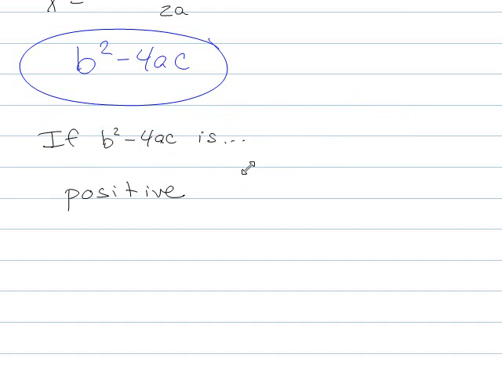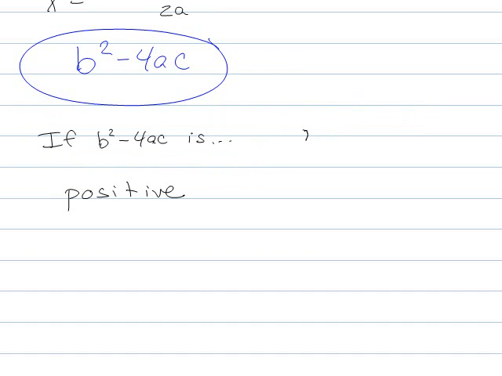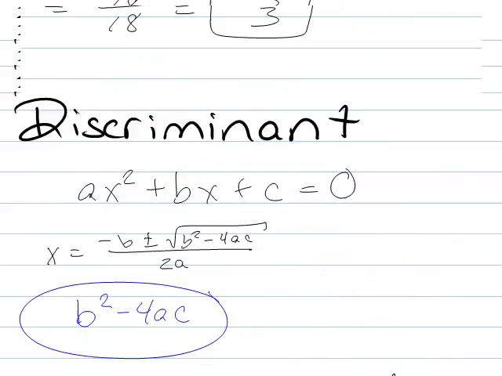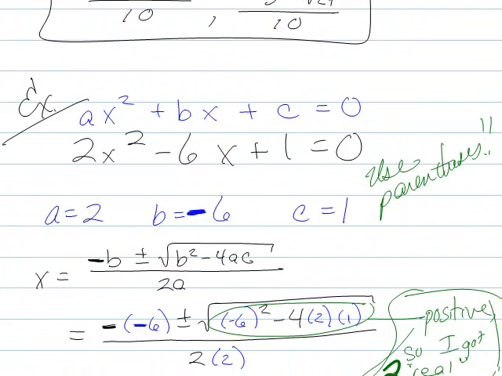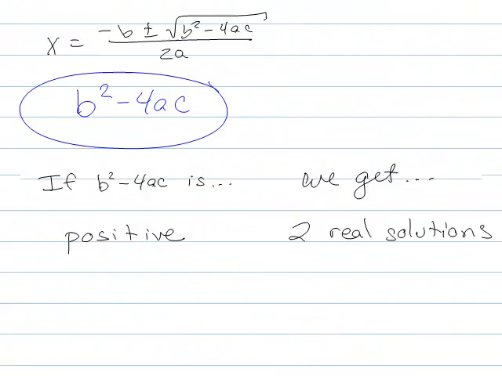If b squared minus 4ac is positive, I get two real solutions.